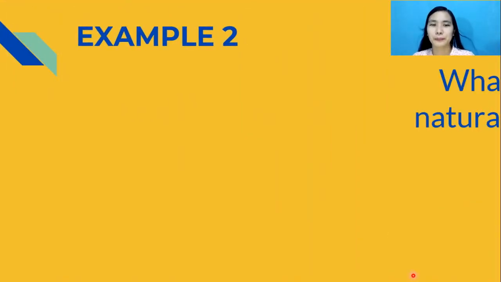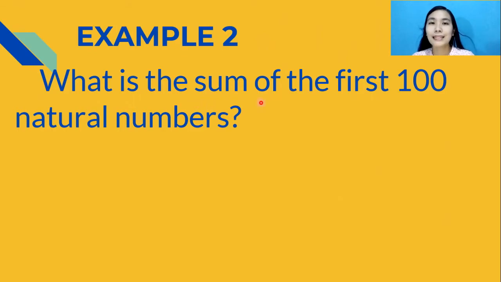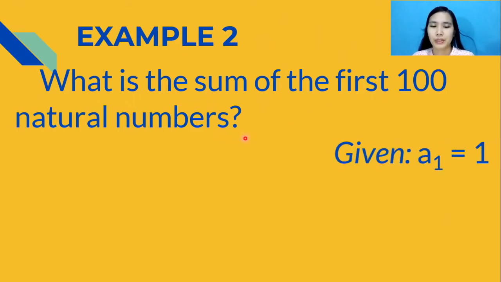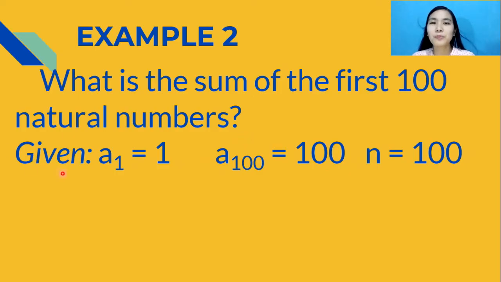Example number 2. What is the sum of the first 100 natural numbers? The given will be a sub 1 is 1, a sub 100 is 100, and our n is 100. Remember, when we talk about natural numbers, these are called positive numbers. So the positive numbers will start from 1, and then we're talking about the sum of the first 100.